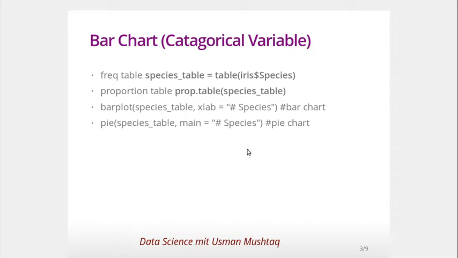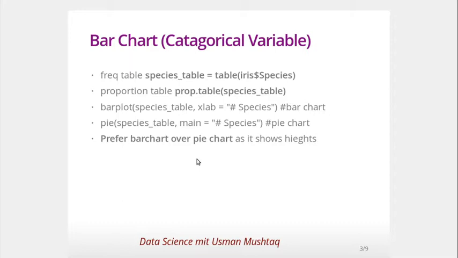Finally, if you have categorical data and you want to show it in some nice graphical format, you have to decide whether you want to represent it in a bar chart or pie chart.